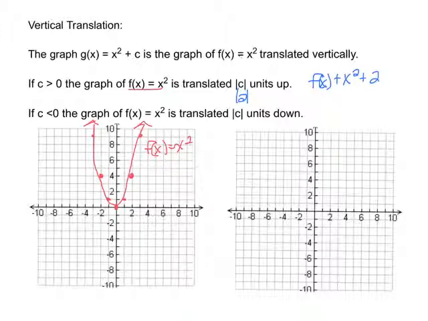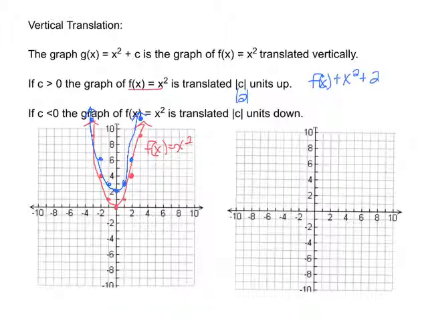So my vertex is going to go up 2 units, and then all my other points will follow suit. They're all going to go up 2 units. And then my new parabola is right here in that blue. So that's my f of x equals x squared plus 2.